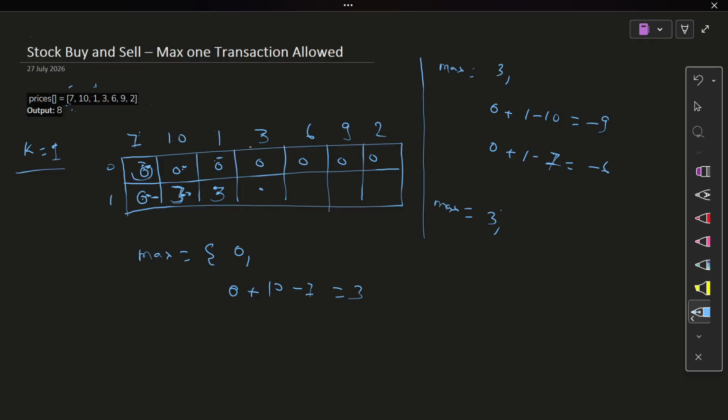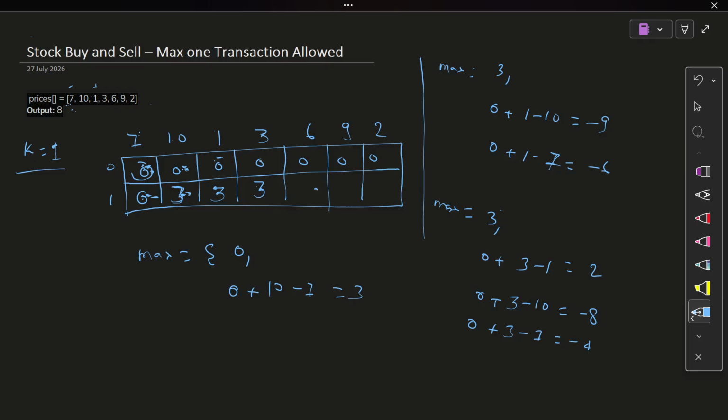So 0 plus 3 minus 1, then 0 plus 3 minus 10, and 0 plus 3 minus 7. Which one is maximum? 3 minus 1 is 2, minus 8, 3 minus 7 is minus 4. Which one is maximum? 3.